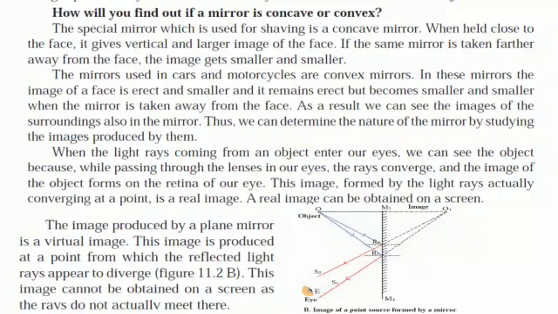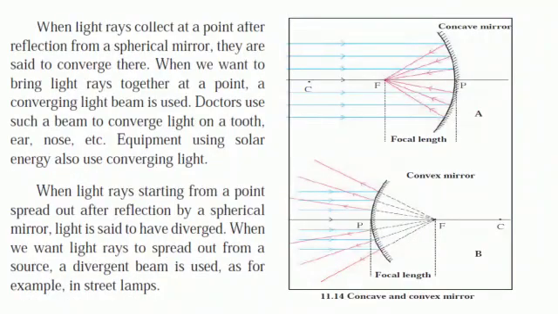This image cannot be obtained on a screen as the rays do not actually meet here. So this is an example. This figure is of a virtual image, as the image cannot be taken on a screen. Images which can be taken on a screen are called real images, and those which cannot be taken on a screen are called virtual images. So you have studied concave and convex mirrors, and how to identify them.